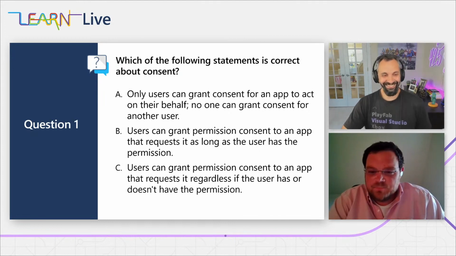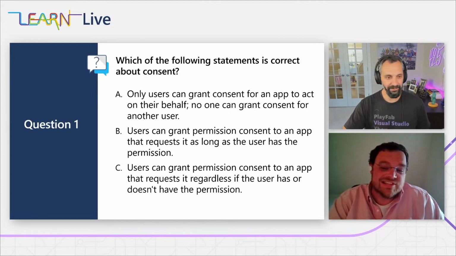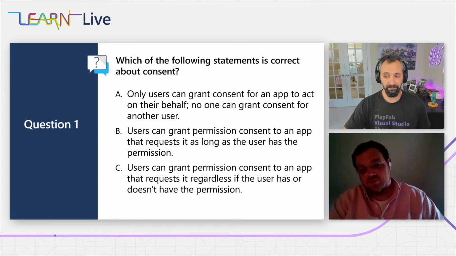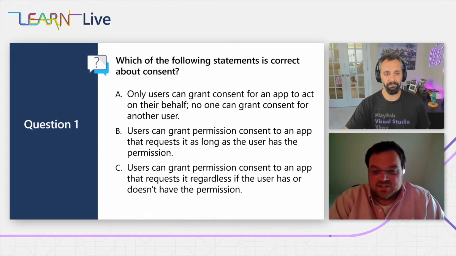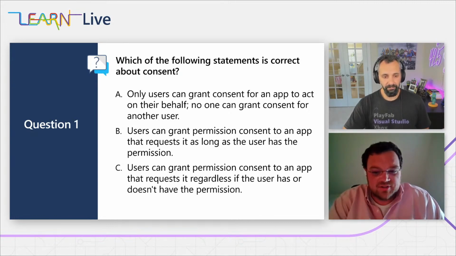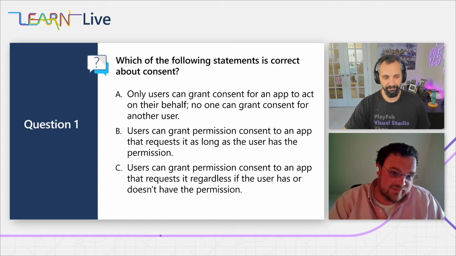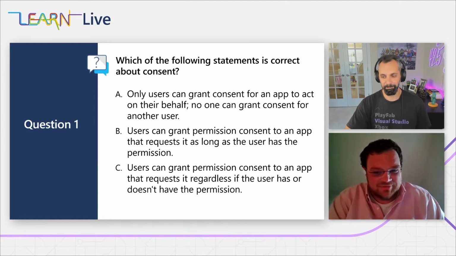So B, users can grant permission consent to an app that requests it as long as the user has the permission. Or C, users can grant permission consent to an app that requests it, regardless of if the user has or doesn't have the permission. Well, I think we know it's not C. Absolutely. No way you could consent for something that you don't have permission to.